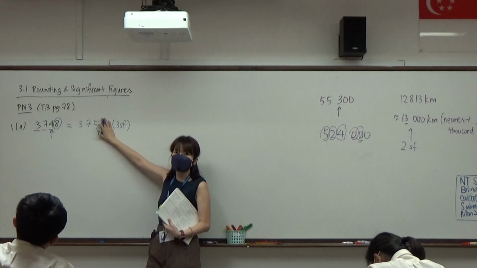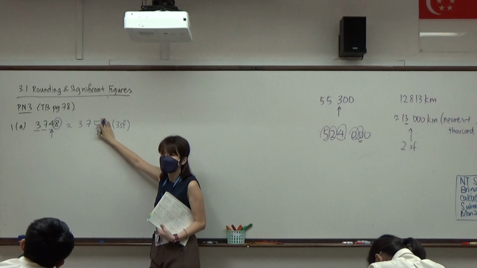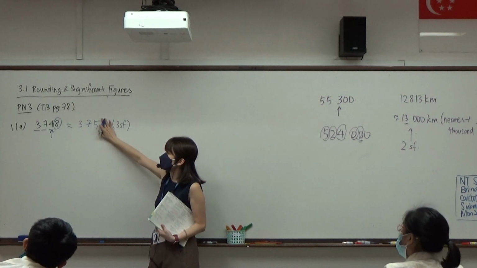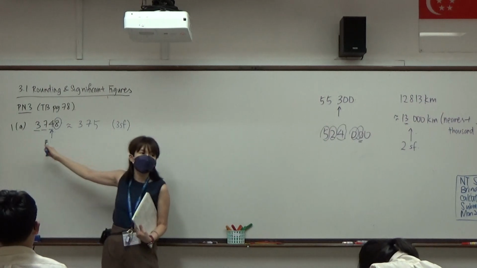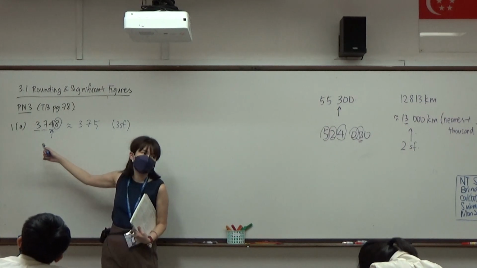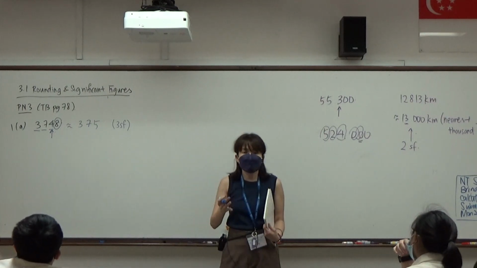What if I don't write the 0? Because the question says 3 significant figures. If I don't put the 0, this becomes 375. But the original number is 3,748. You cannot, when you round off, change the value.